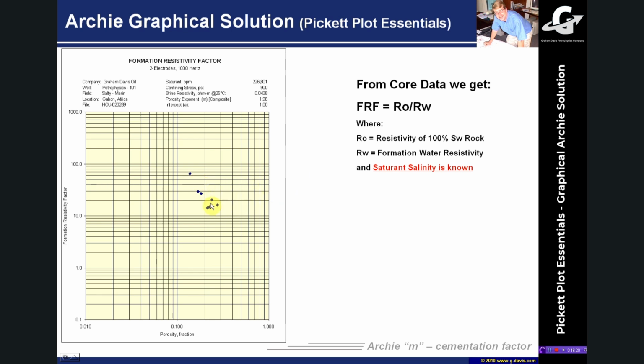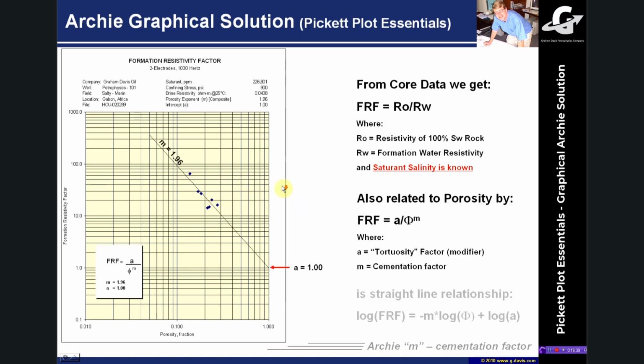And here you can see 7 plugs, all of varying porosity, from about 13% porosity up to 28% porosity, and we've measured this resistivity on it, and we can draw a straight line through it, and we know what our water salinity is, and we have a certain gradient here.